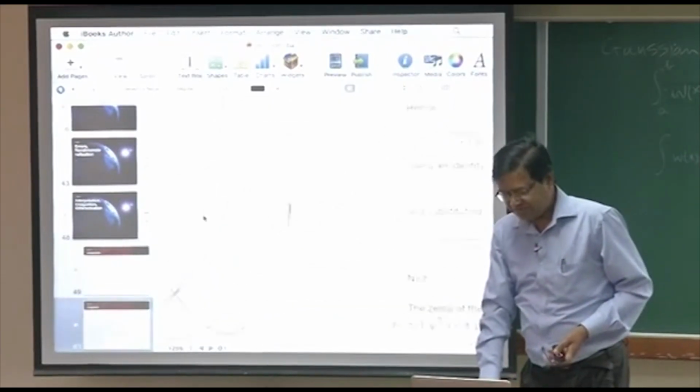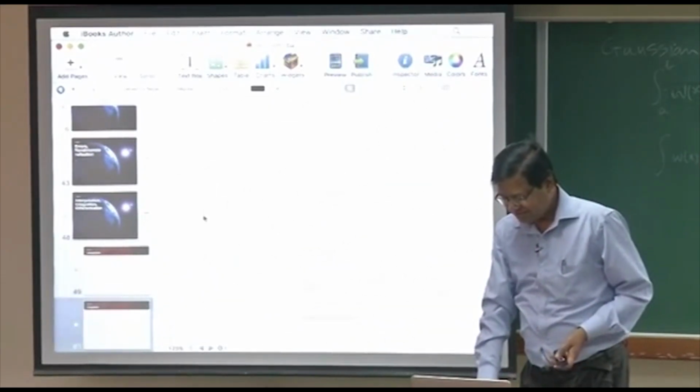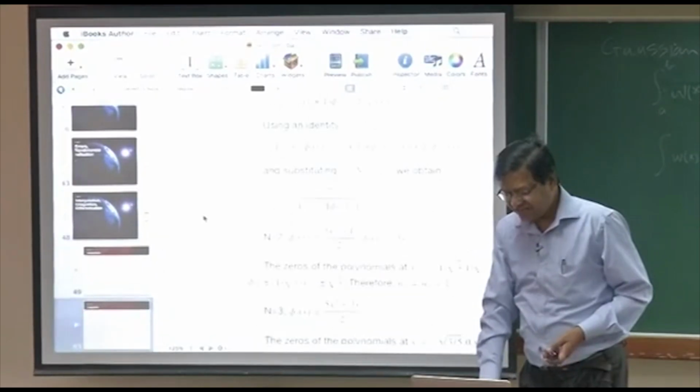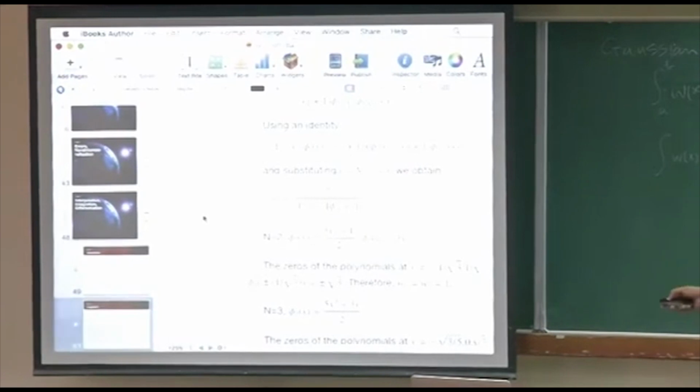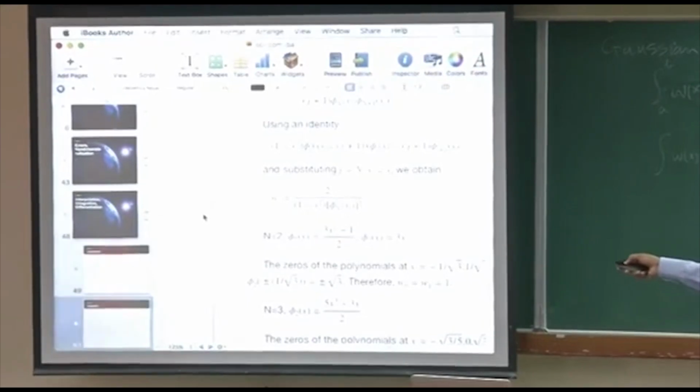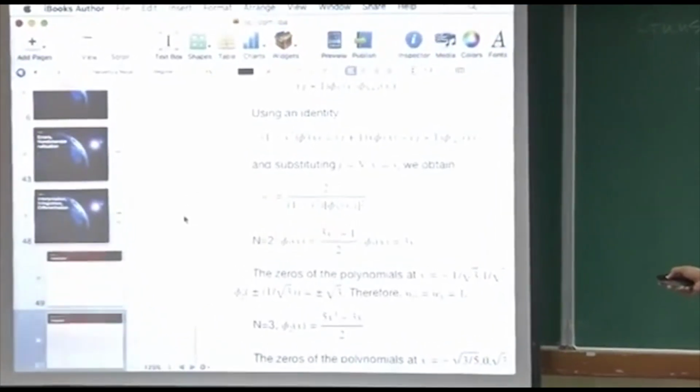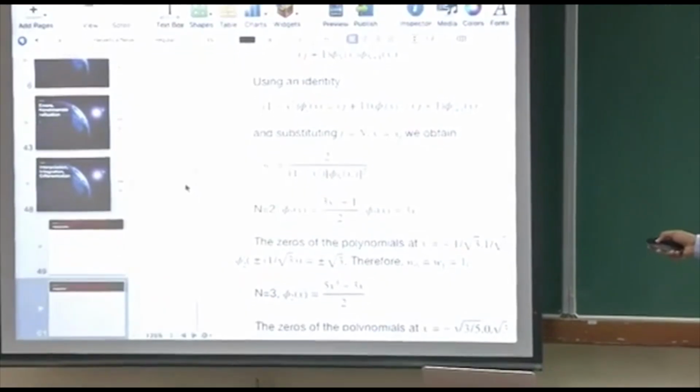It has interesting properties using which we can get the weight function straight from the function. These formulas come after a bit of algebra. The weight function can be computed if I have the derivative of phi n at the roots.